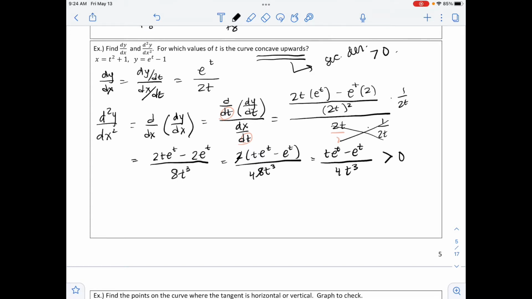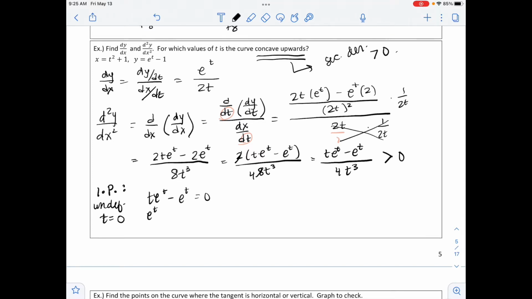In order to do this, if you remember from Calc 1, we found our inflection points. Inflection points would be where our second derivative is undefined or equal to 0, so I'm going to put an IP for inflection points. This is undefined when the denominator is 0, so when t is equal to 0. Then we also need to figure out where the numerator, t e to the t minus e to the t, is equal to 0.